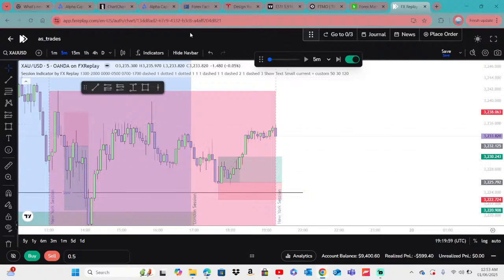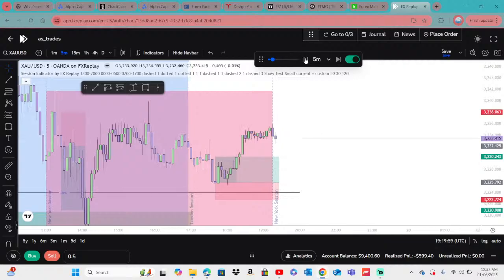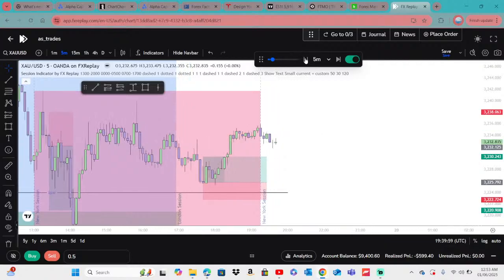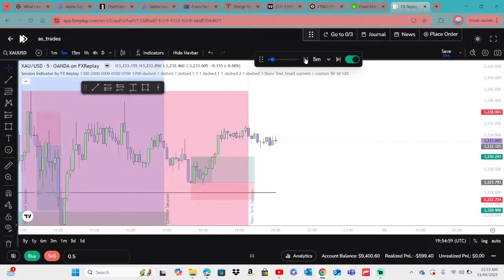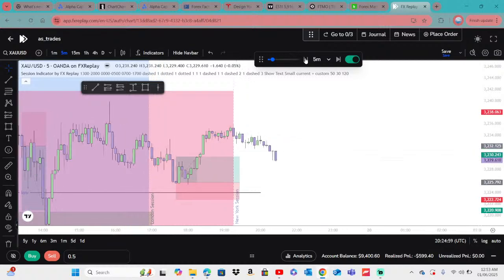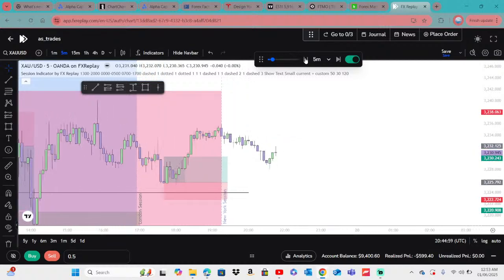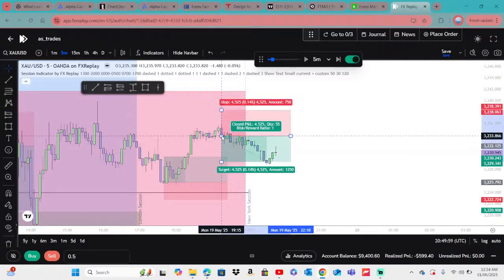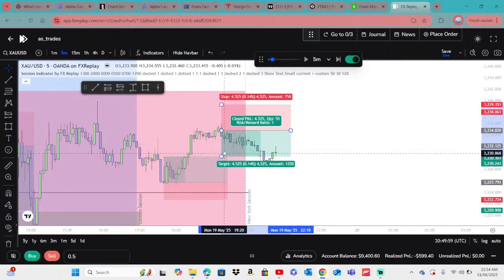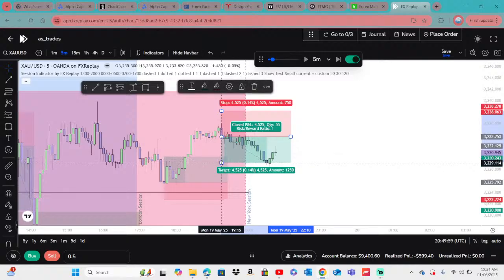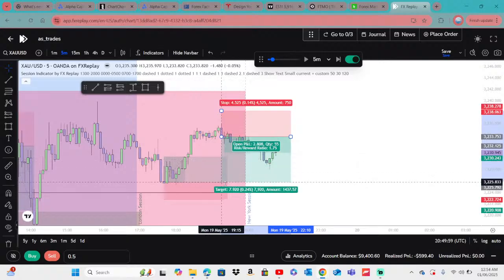Now even that, you could potentially look for a short here. Let's see if it would have played out. Yeah, that would have been a good short. It would have been a perfect short actually. Okay, not perfect, but right here, well, after that candle actually. We put it here.